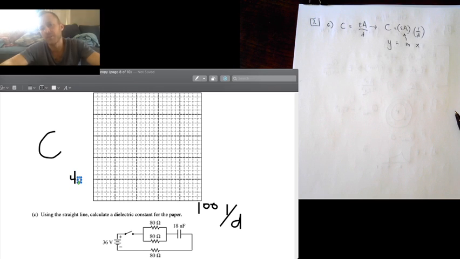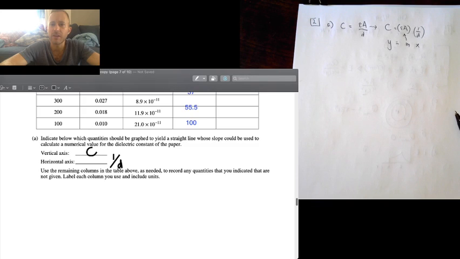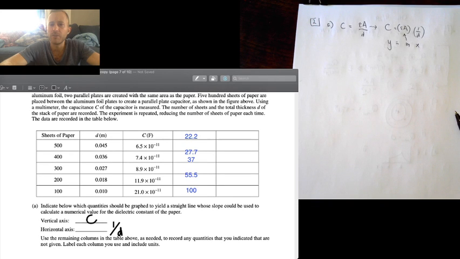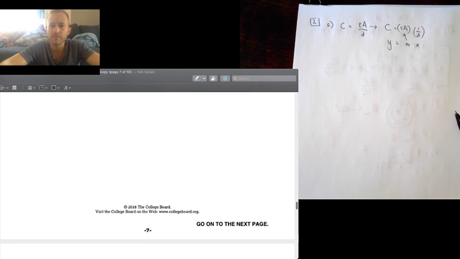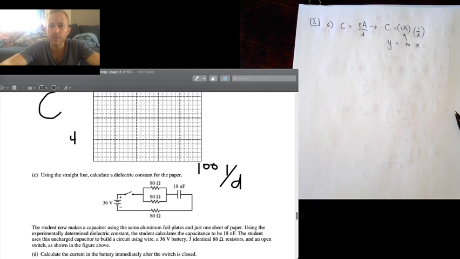Okay, so I'm not going to write the times 10 to the minus 11. So let me graph my points. Looks like I got 22.2 and then 6.5. So 22 and then 6.5 will be right here.